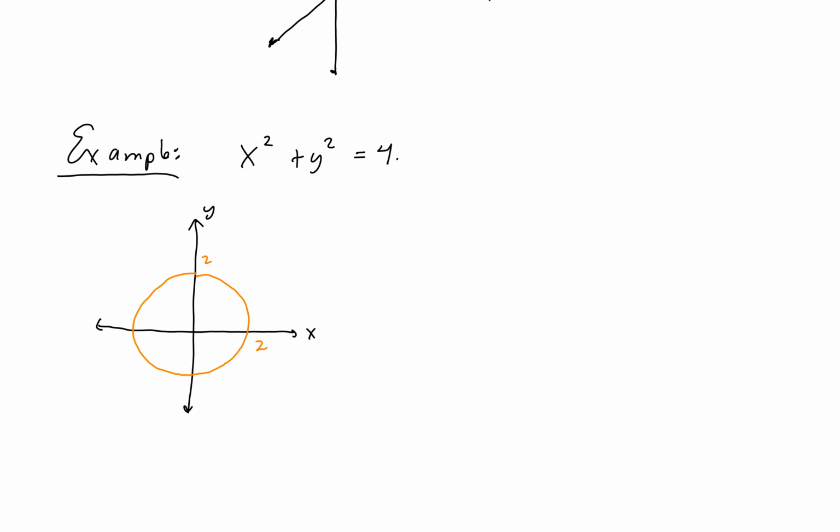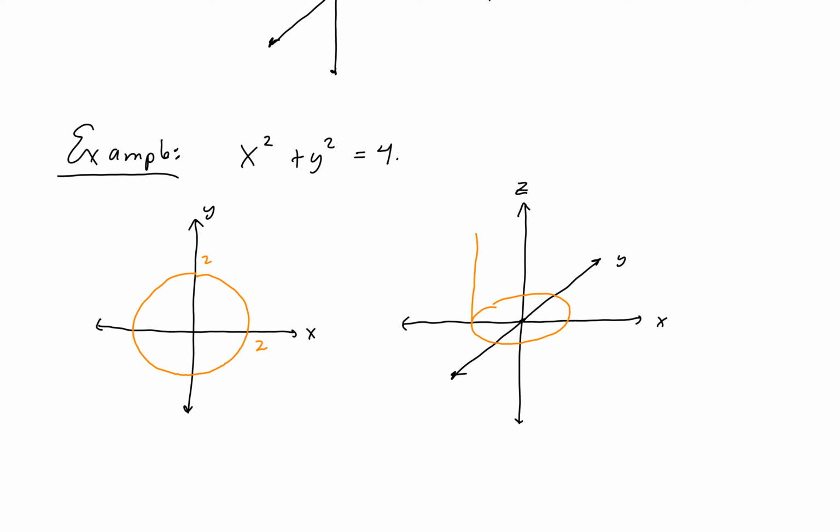But now we're saying we want to graph this in 3-space, and there's no restriction on the z values. So we can think of taking this circle in the xy plane of radius 2, and we can just extend it up, because every value of z is acceptable here.